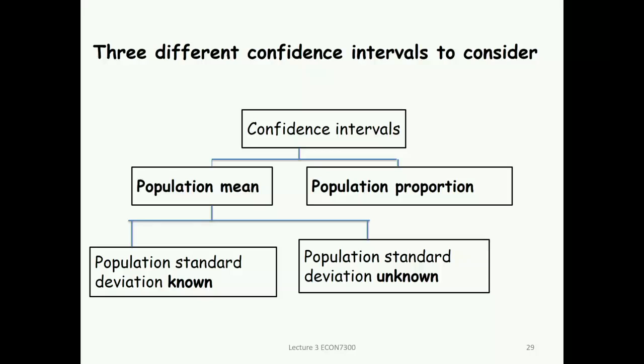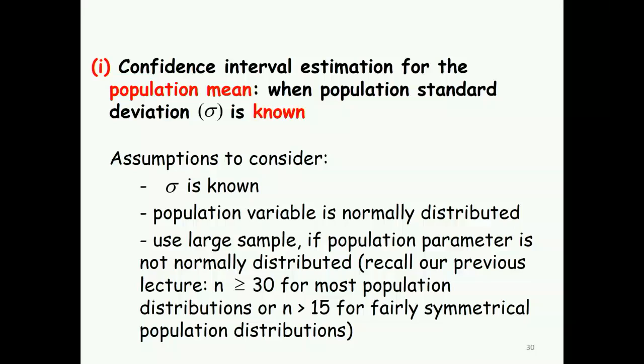But when you are doing T, the population standard deviation is unknown, so you have to use the sample standard deviation. So let us talk a little bit. The population standard deviation is known, and the population variable is normally distributed. That is fine. If the population is not normally distributed, the sample size must be greater or equal to 30 in order to do your confidence interval.